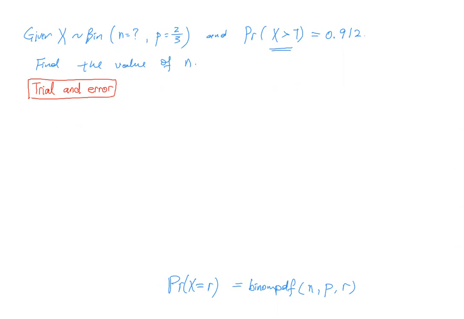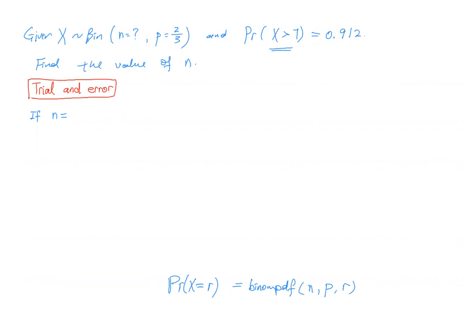So you make a wild guess of your n. In this case, what n will you guess? Can someone give me a nice number for n that I have to put in?